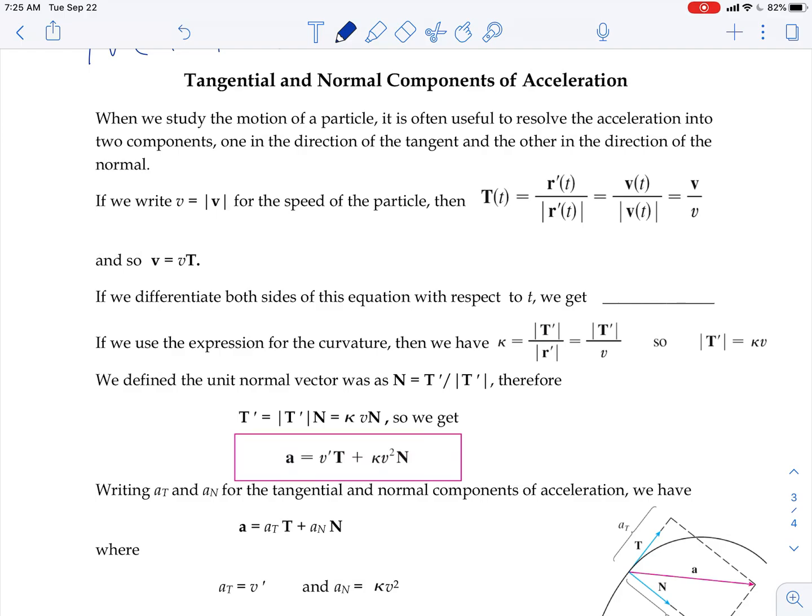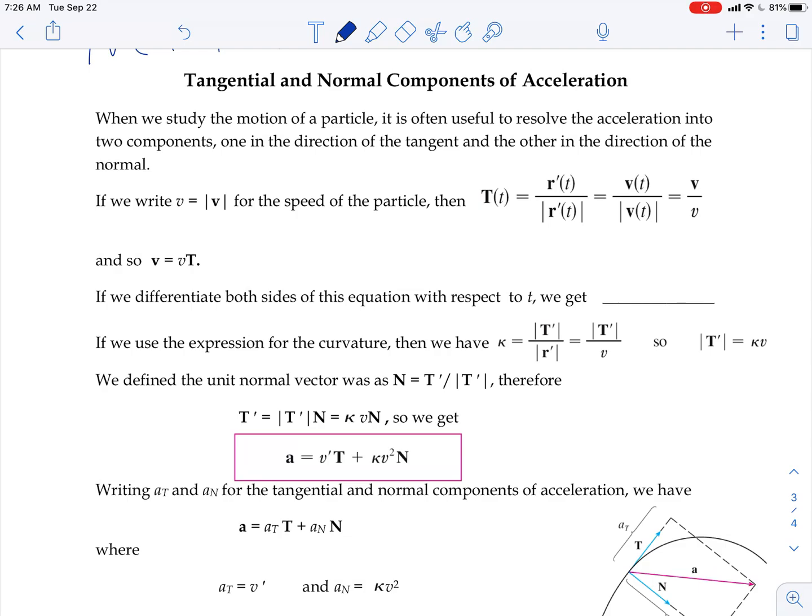So if we solve for our velocity vector, we could say that our vector v is equal to our speed times the unit tangent.